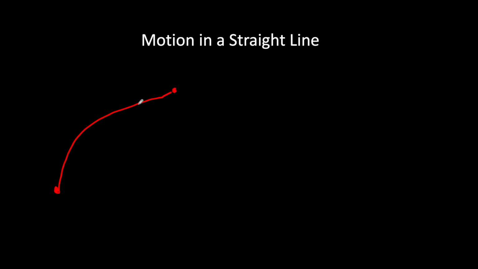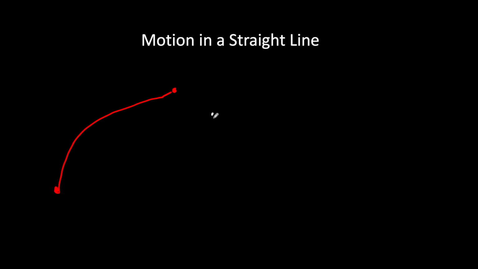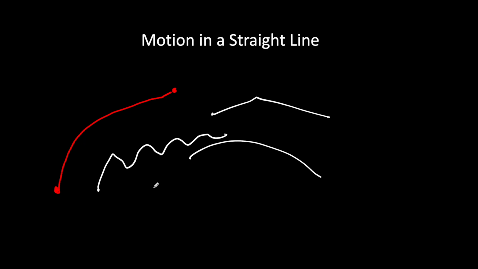So this is a motion. The path of motion is this one. Likewise motion could be of different types. It could go like this, it could go simply like a wave. There are n number of types of motions available.